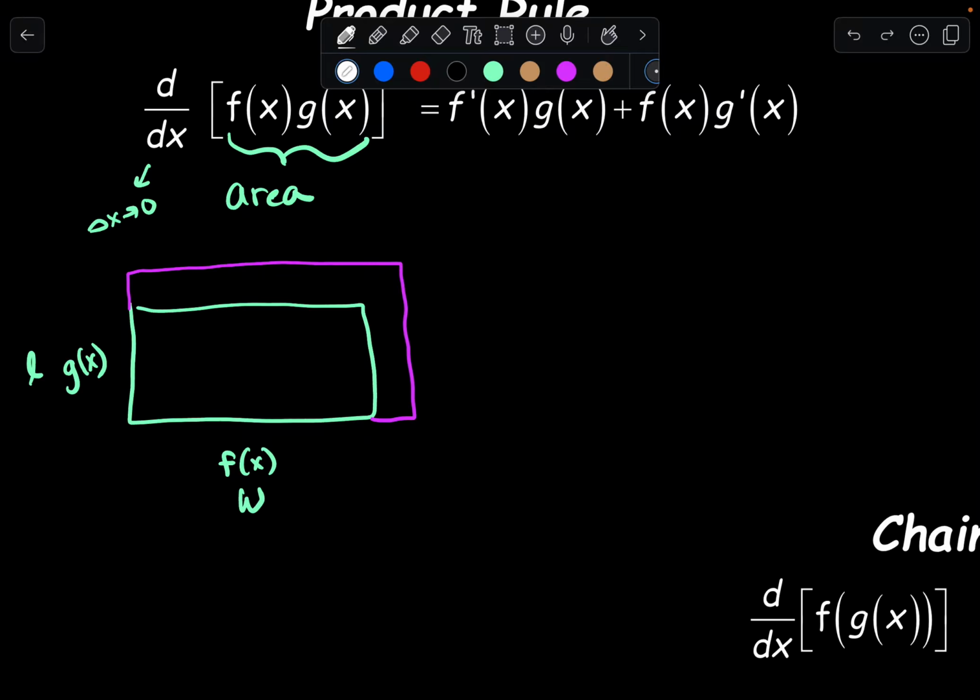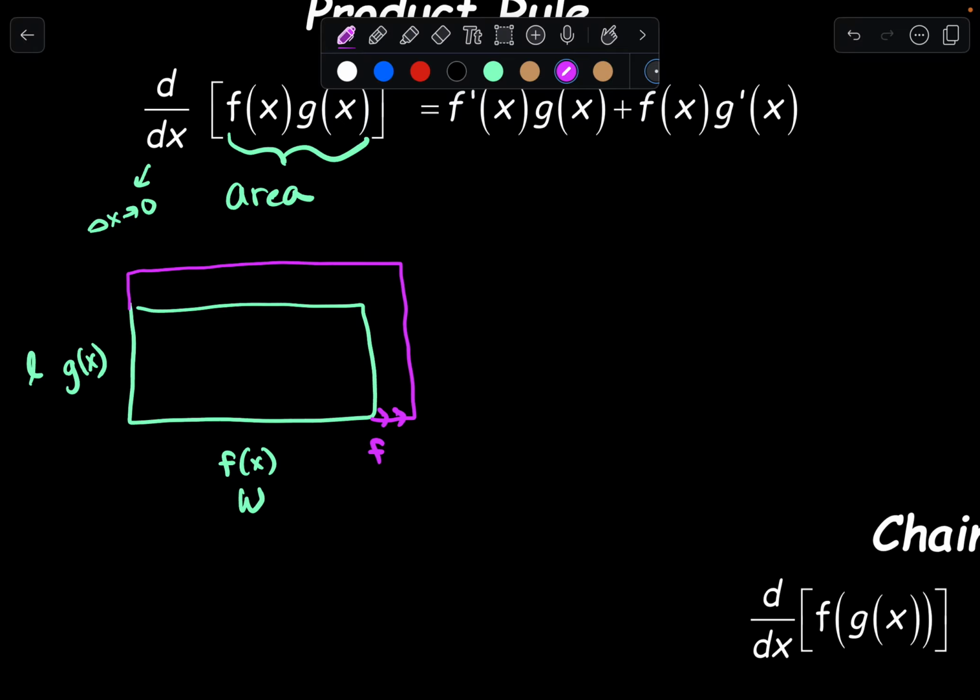So the result of this is that we want the value of the purple section. So the product rule is not about seeing the original area and the change in the area. We only want to focus on the change itself, okay? That's what the d over dx represents. Now, if we start with the width, as the area grows, the width is represented by f of x.